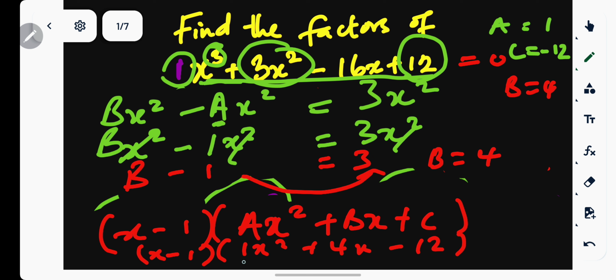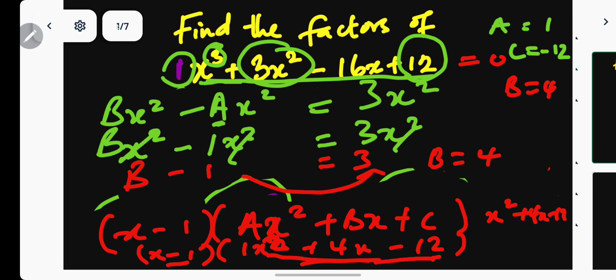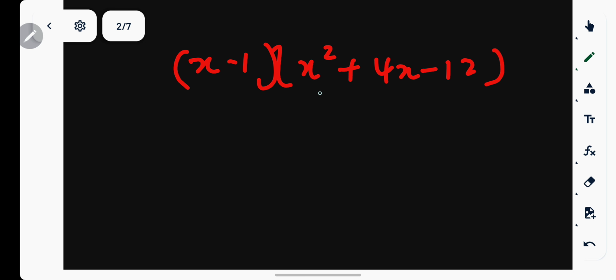So we have reduced this to one linear term and a quadratic term. The next step is how you simplify the quadratic term here. Okay, I have videos on how you can simplify a quadratic. It's very easy now. x squared plus 4x minus 12. It's very easy to solve. Let us look at that now. Okay, so we have now x minus 1, x squared plus 4x minus 12. We need to solve this part of it.